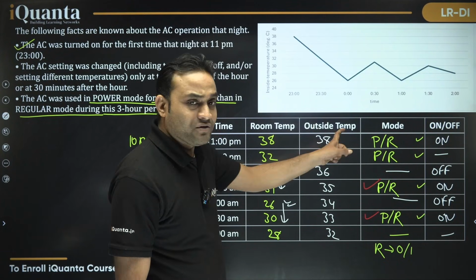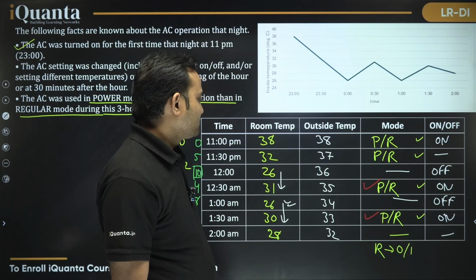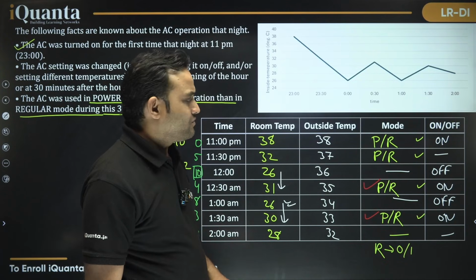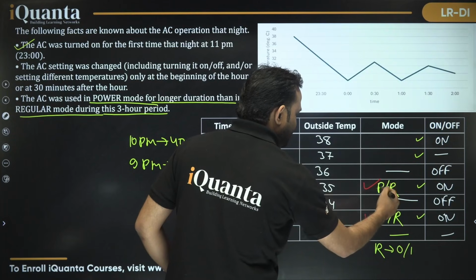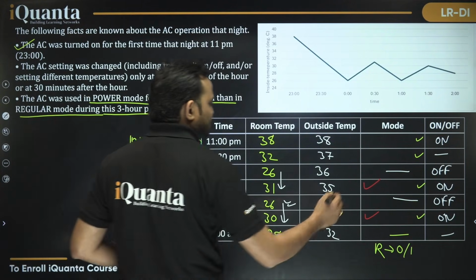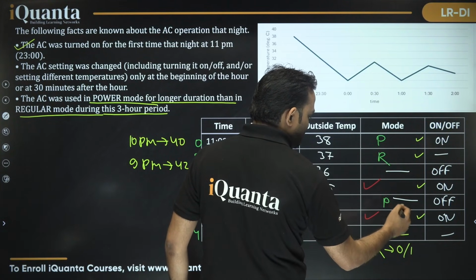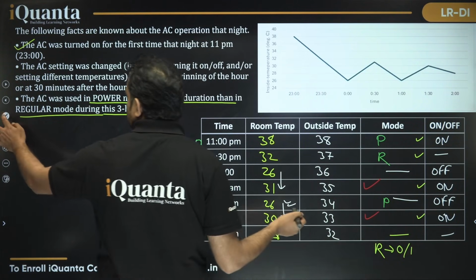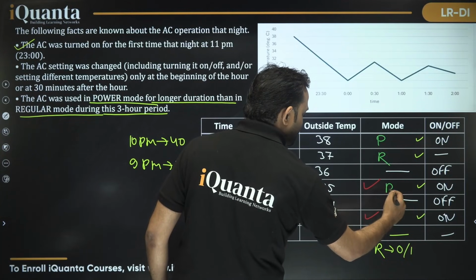So power, regular. Regular can be either 0 slot or 1 slot. So nothing has been given which is stopping me from putting it something like that. This was power, this was regular, then this was power, and this was power mode as well.